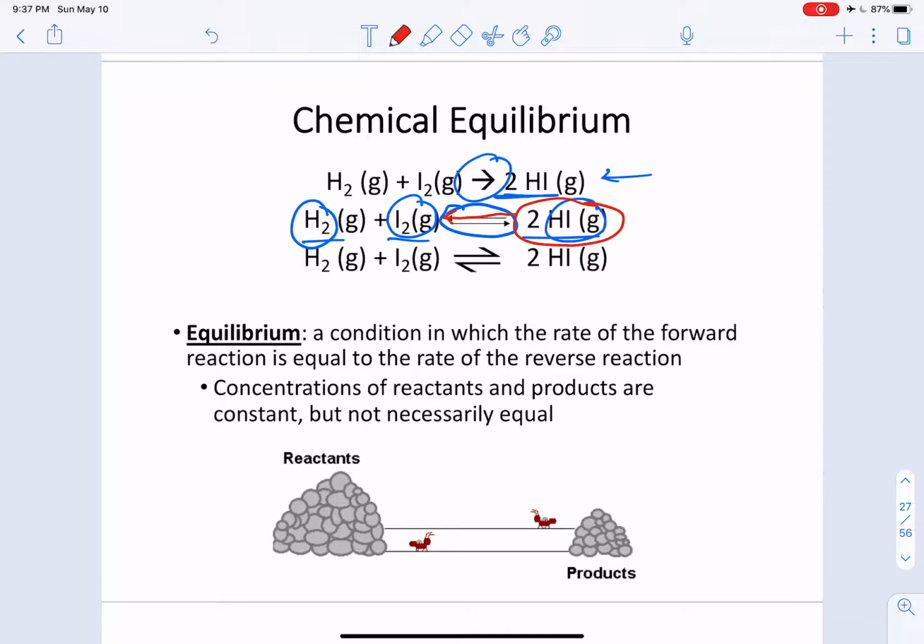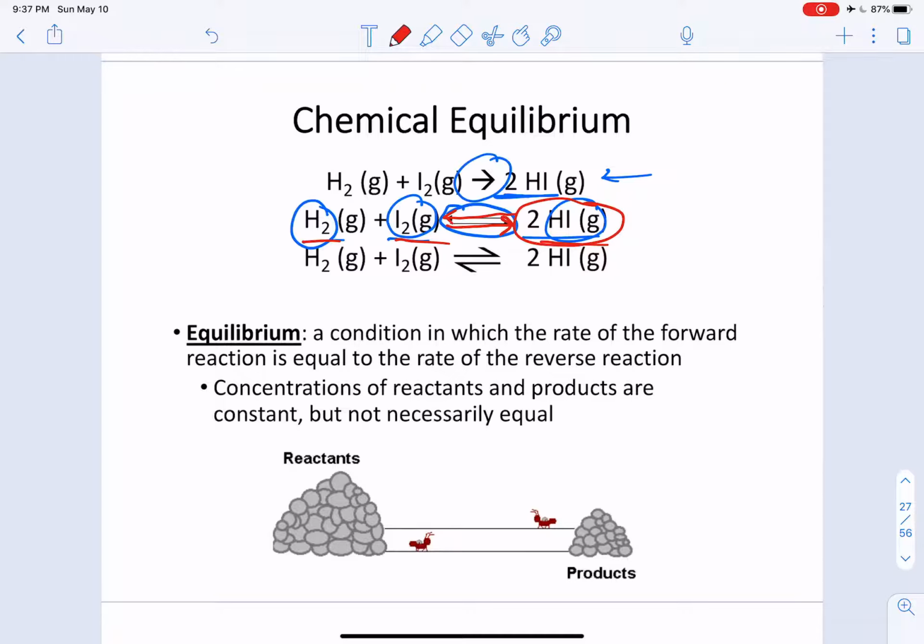And if you have the same rate of forward reaction as reverse reaction, and you have constant concentrations of the different compounds, you're at something called a chemical equilibrium. And that's why we have the double arrows there. That's indicating that the reaction has come to an equilibrium.